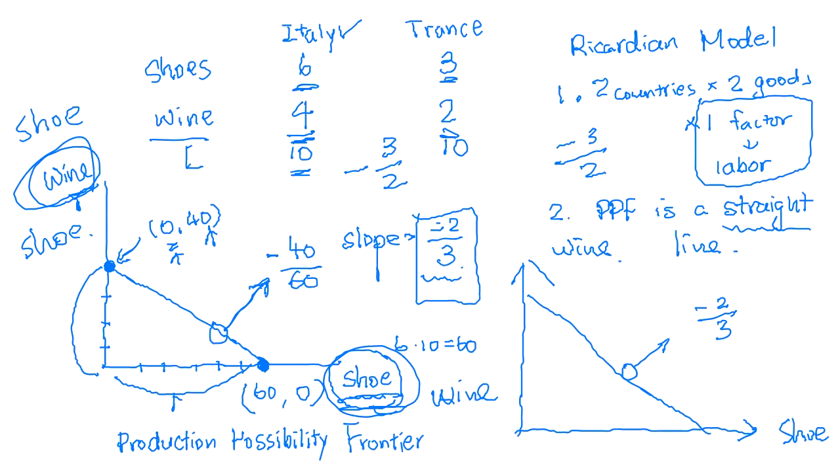If you want to find out the opportunity cost for producing one bottle of wine in terms of the shoes, you just flip your axis. So shoes become the y-axis, and the wine becomes the x-axis. And by the same token, you can figure out that's equal to negative 3/2.